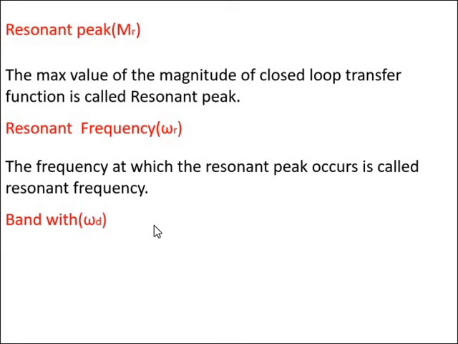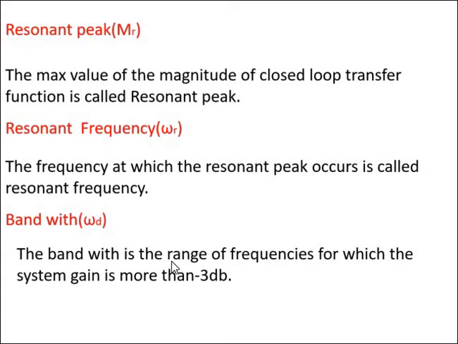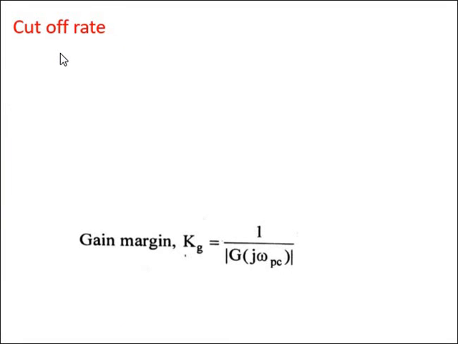Third one, bandwidth. The band, which is the range of the frequencies for which the system gain is more than -3 dB. This bandwidth also, we know the simple definition: the difference between the higher cutoff frequency and the lower cutoff frequency is nothing but bandwidth omega b. Next one, cutoff rate.